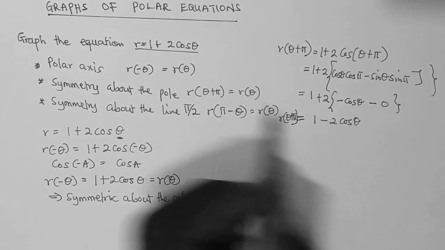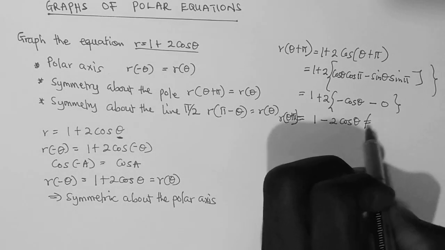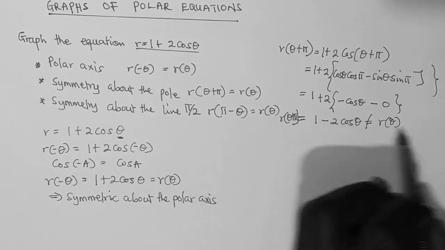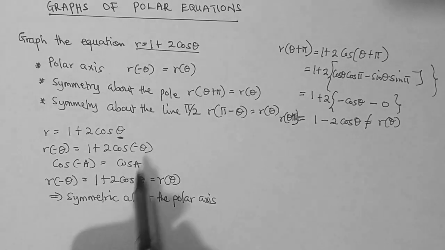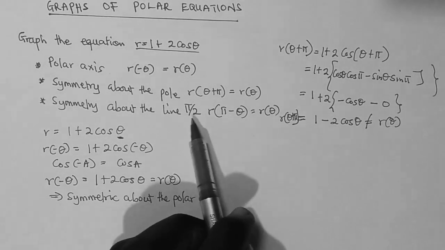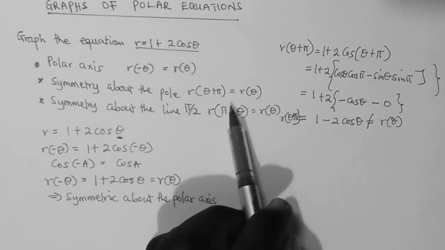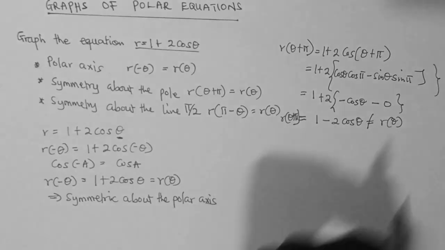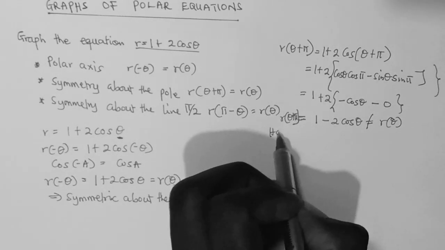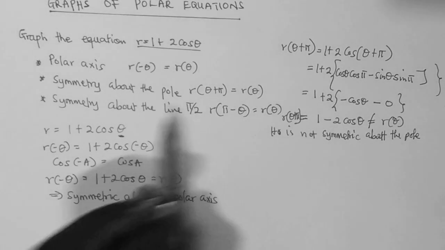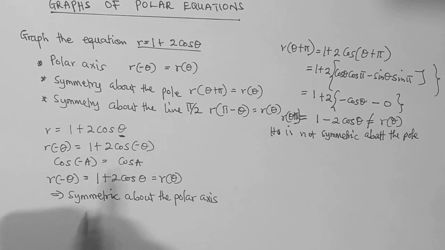But 1 minus 2 cos theta is not equal to r of theta. Therefore, this polar equation is not symmetric about the pole.